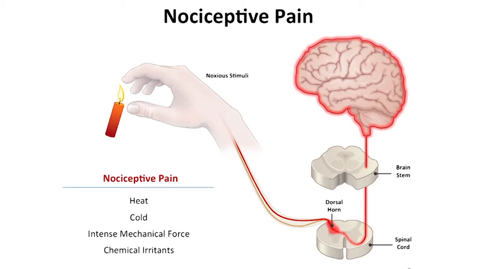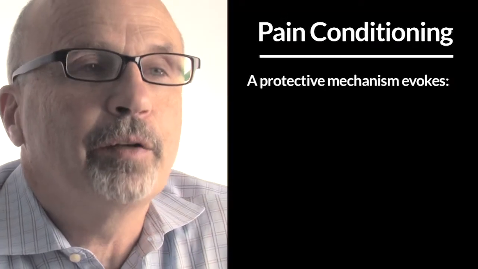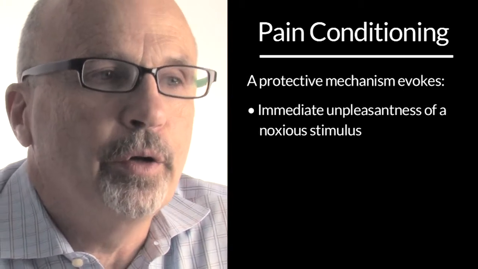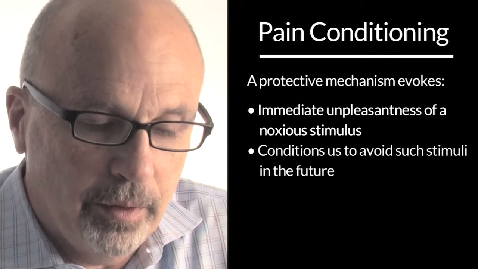The reason this sensation is unpleasant is because that is a major driver of our learning to avoid such stimuli. So part of the protective mechanism of pain is the immediate unpleasantness of a noxious stimulus, but also the fact that we then learn to avoid such stimuli in the future.